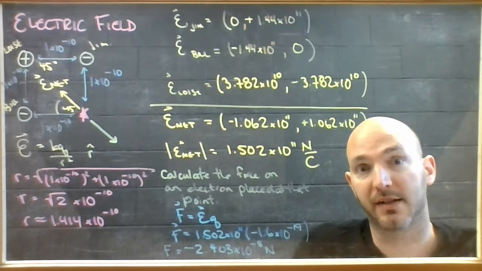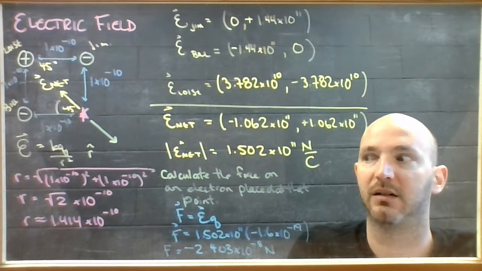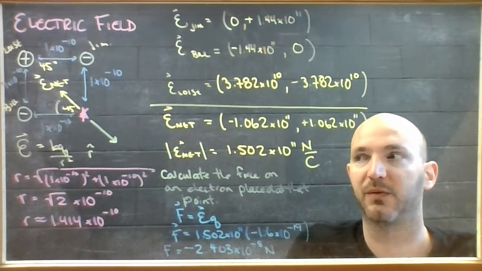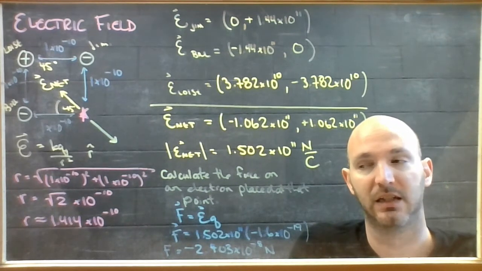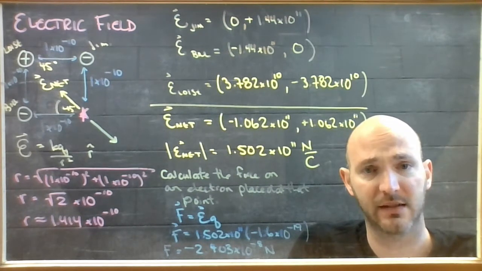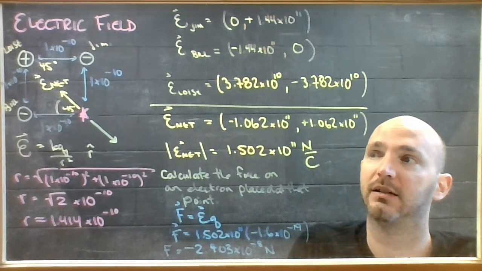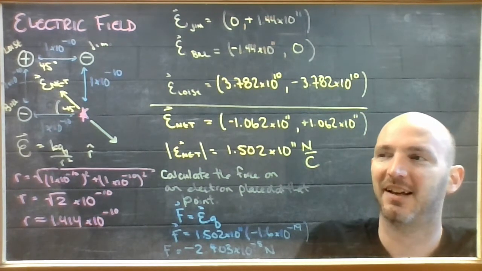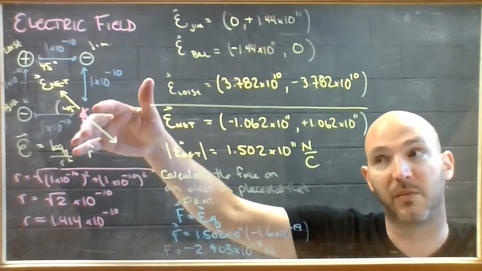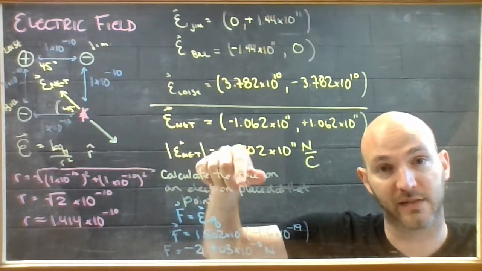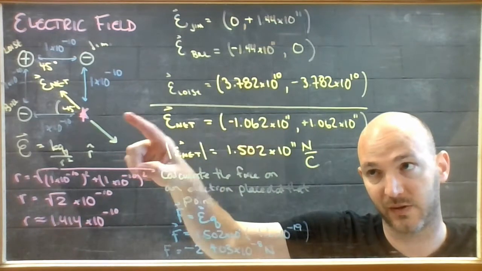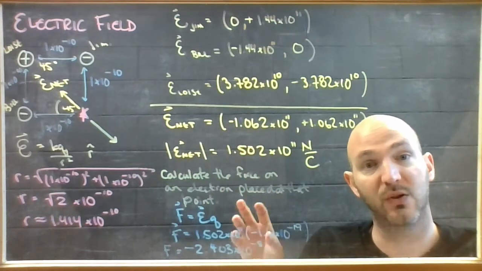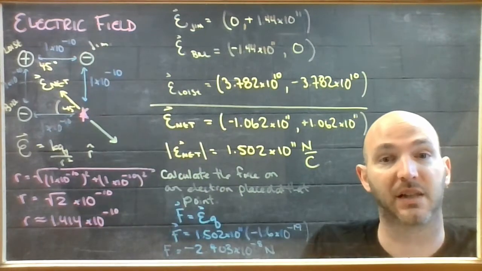Now you've come across electron cannons in your time. Actually, maybe you haven't. I certainly did. If you've ever seen a giant TV, like the glass tube kinds, you maybe have to go watch some 90s sitcoms in order to see one of those. They operated by blasting an electron stream at pixels on the screen in order to light them up. So in the back of those tubes is an arrangement something like this. Right?